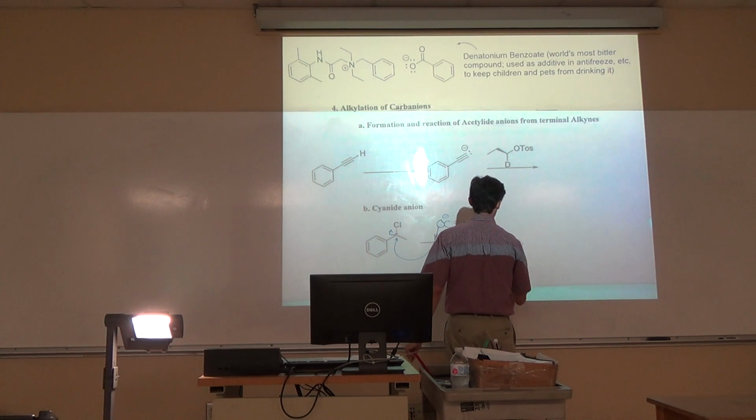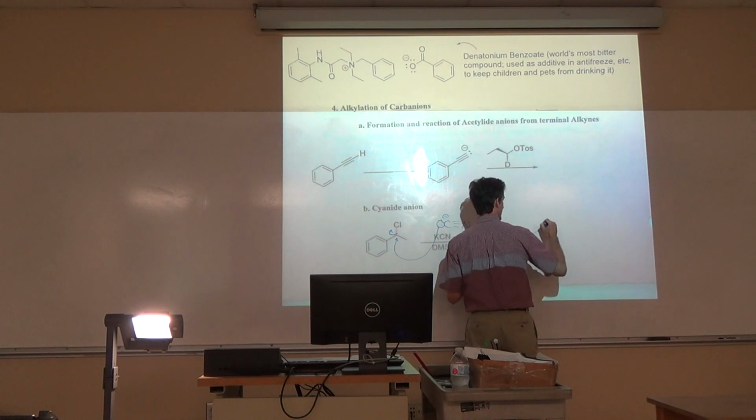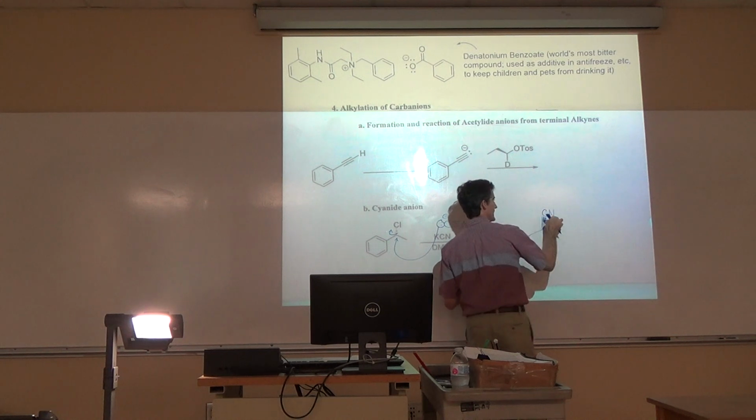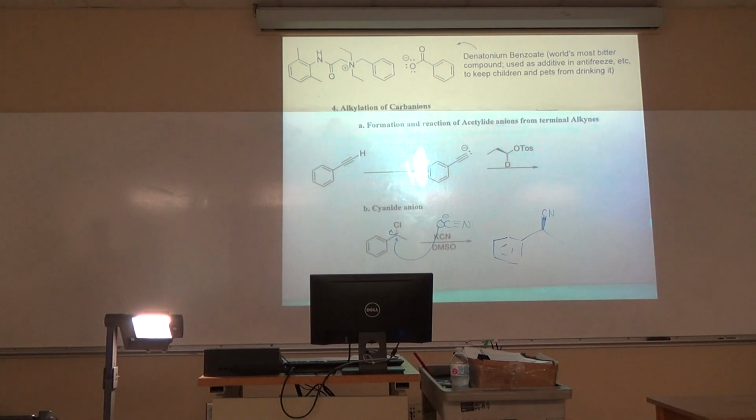I'll draw this as a benzene ring. Boom, boom. And put the cyanide. We can just keep that as CN, unless you were asked to draw a formal, full Lewis structure. Nitriles are typically just shown as CN. But you know it's a triple bond between the C and the N, and the nitrogen has one lone pair, right?